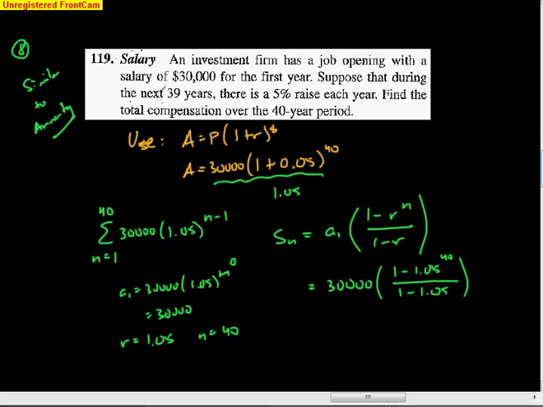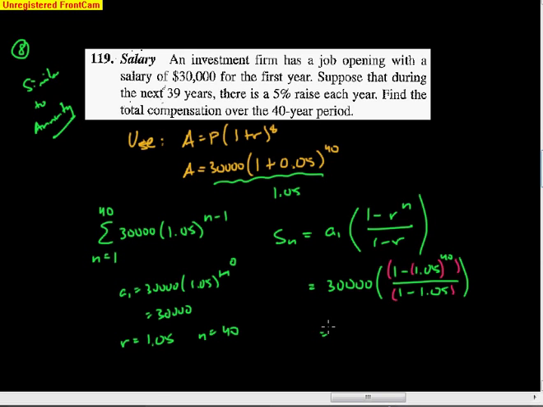Now what I would do if you're going to do it all at once is put the top in a parenthesis and the bottom in a parenthesis. And if this was a fraction or a negative number, the 1.05 to the 40 should be in a parenthesis. So let's practice that by putting it in a parenthesis. I will speak it as I do it. Hopefully you're doing it with us. Okay?